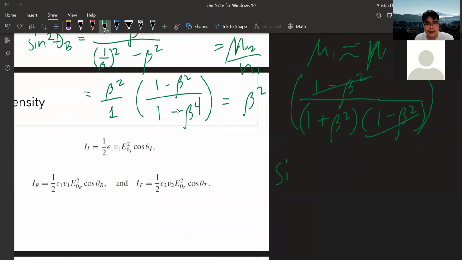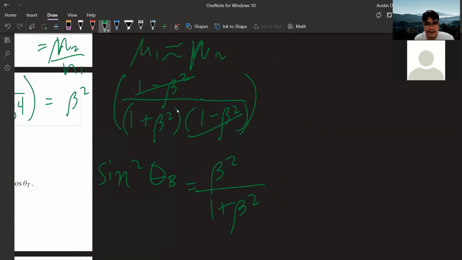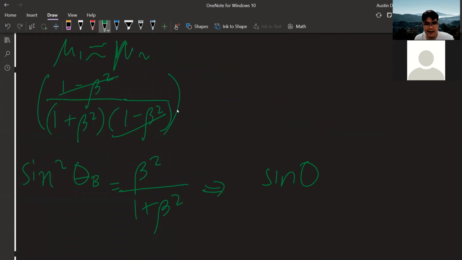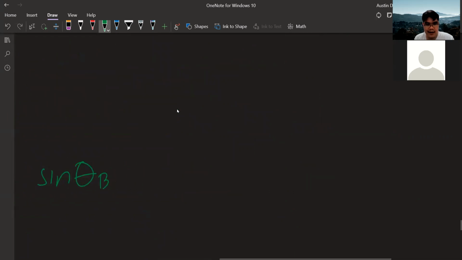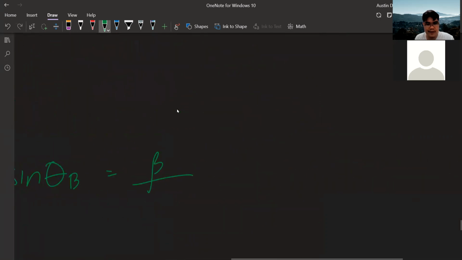So sine squared theta b is actually equal to beta squared over 1 plus beta squared. And then sine theta, syempre, square root lang natin: beta over the square root of 1 plus beta squared.